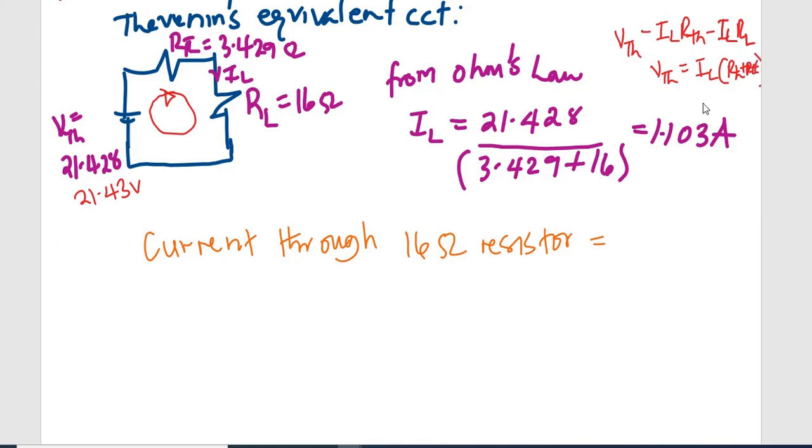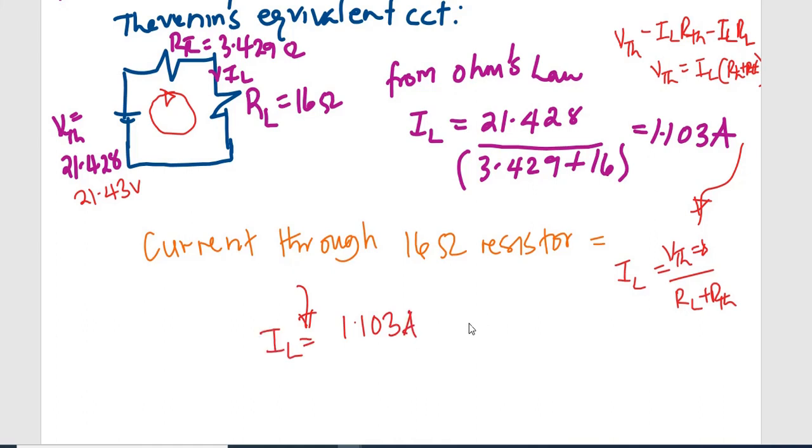So finally, my IL should be equal to VTH over RL plus RTH. When we substitute in these values, 21.428 divided by 3.429 plus the load resistance, which is the 16 ohm resistor, the current flowing through the 16 ohm resistor would be 1.103.